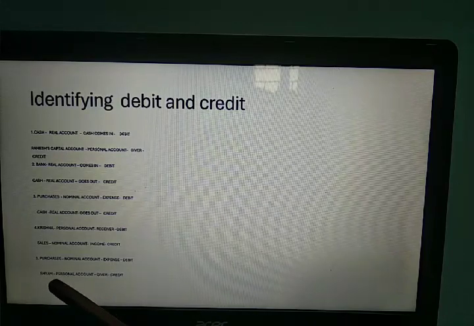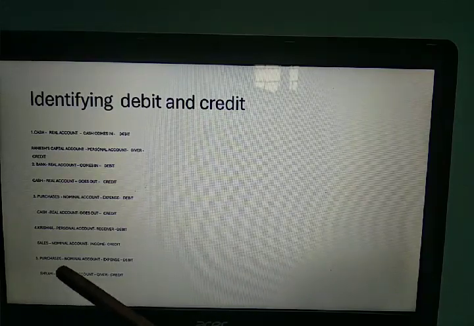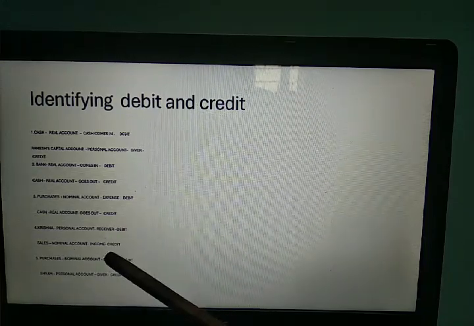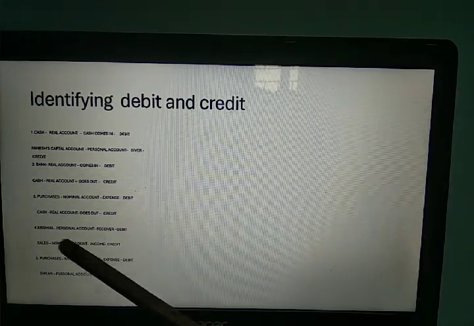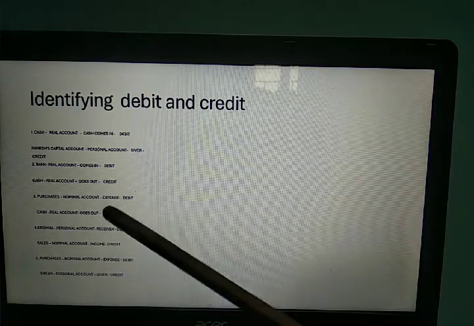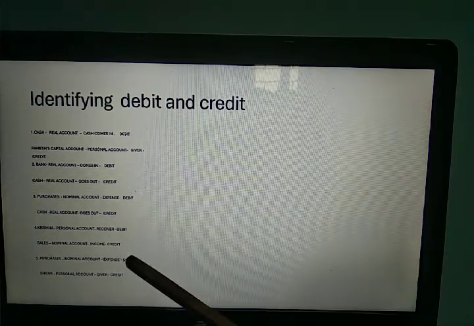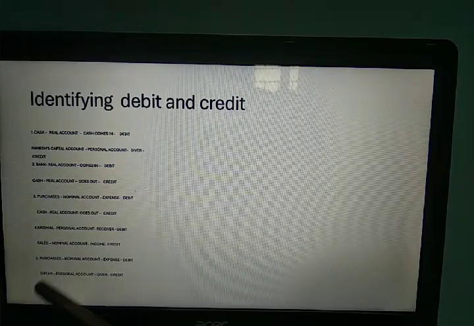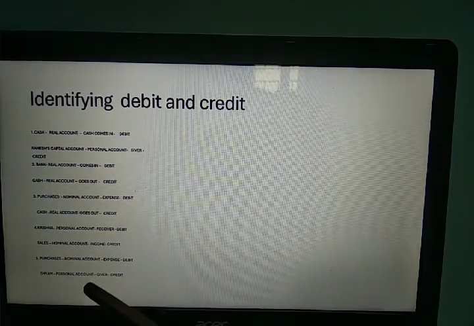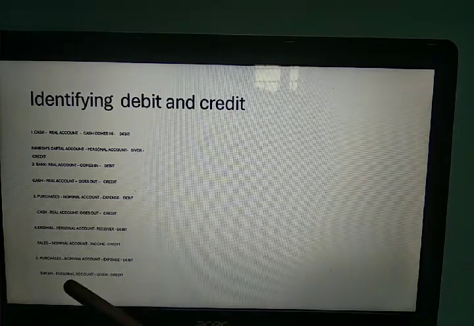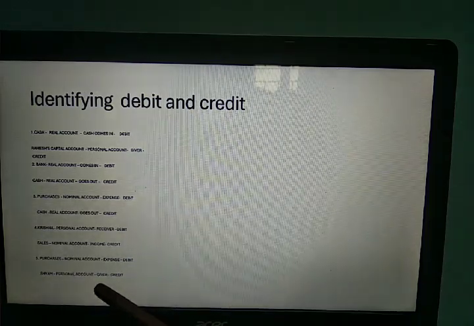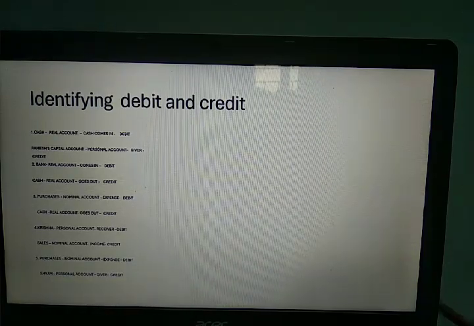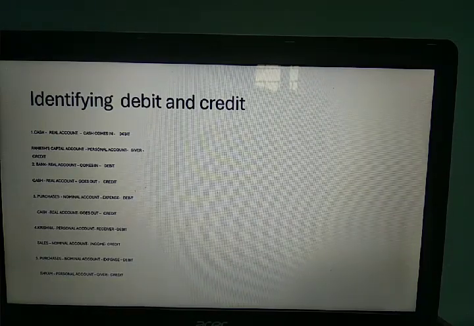Next is purchases from Sam, some goods on credit. Purchases here is a nominal account, an expense, so it is debit. Sam, from whom you purchase, is a personal account, he is the giver. When you are purchasing from him, he is giving you the benefit, so it is credit. So these are the identifications of debit and credit.